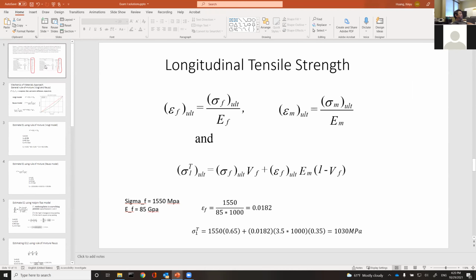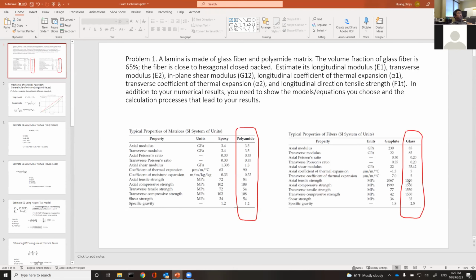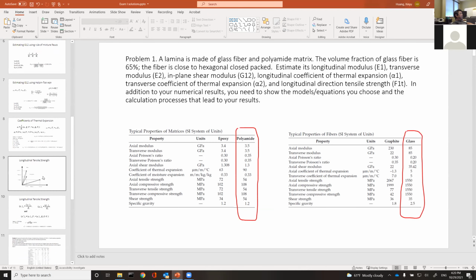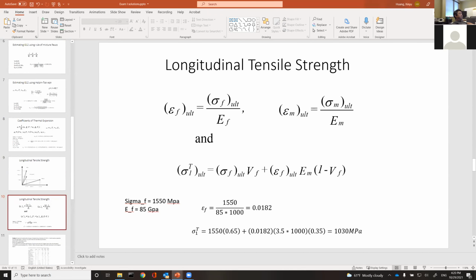I came from here. So 1550 is a tensile strength right here. 85 is the modulus. So you can calculate the strain. The strain it takes for the fiber to break is the ratio of these two numbers, right? I made a conversion from the gigapascal to megapascal because they're a factor of 1,000 different, right? 1 gigapascal is 1,000 megapascal.